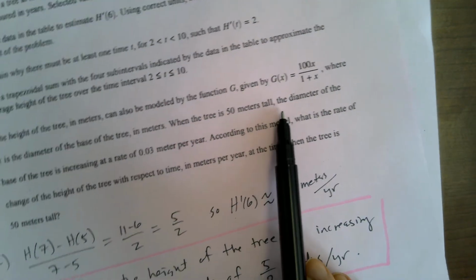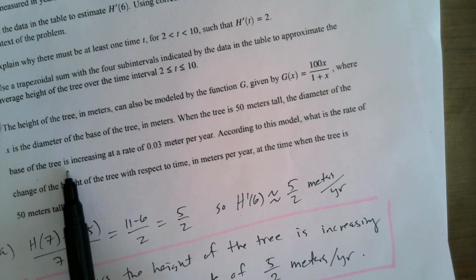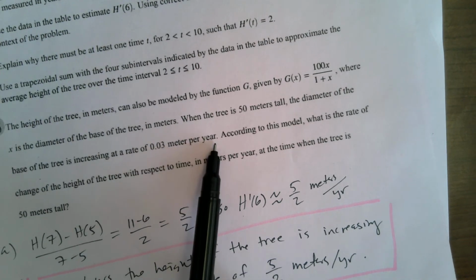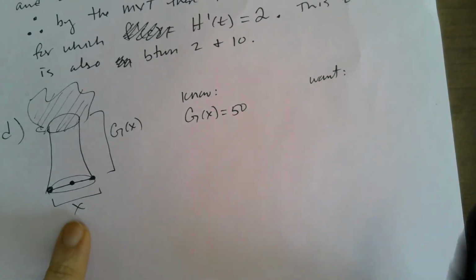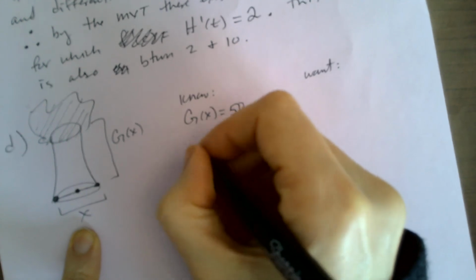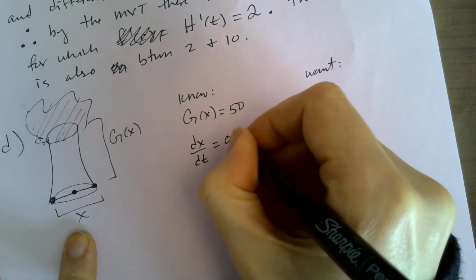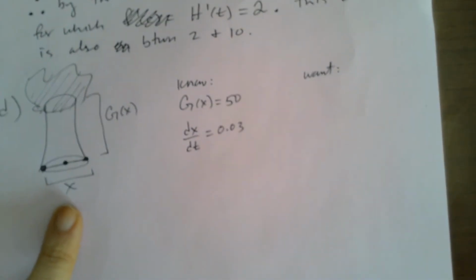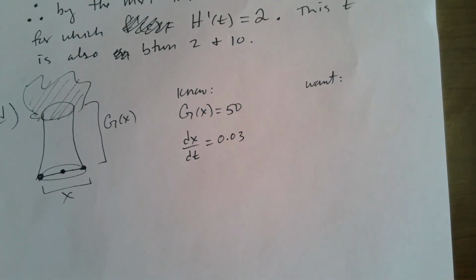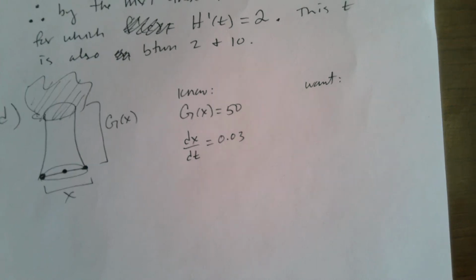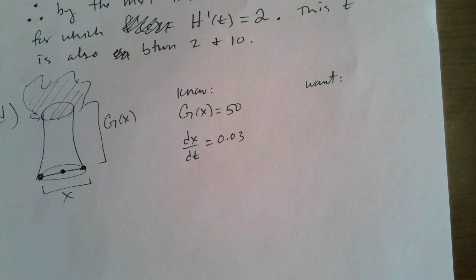The diameter is x, so they're telling us dx/dt is 0.03. According to this model, what is the rate of change of the height of the tree with respect to time in meters per year at the time when the tree is 50 meters tall?